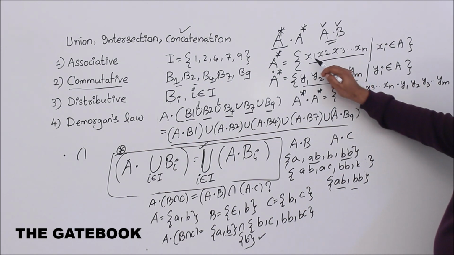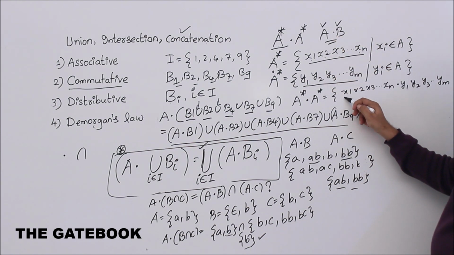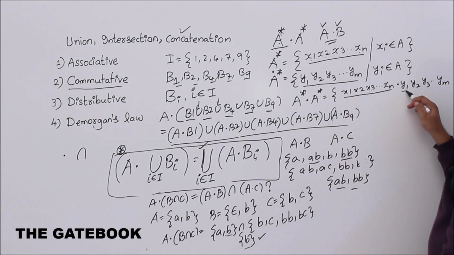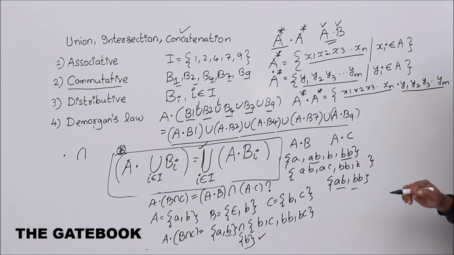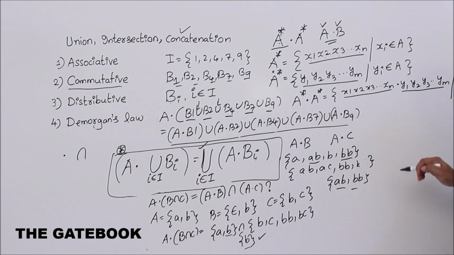Please observe that x1, x2, x3, up to xn represents all possible strings of the first A star, and y1, y2, y3, up to ym represents all possible strings of the second A star.